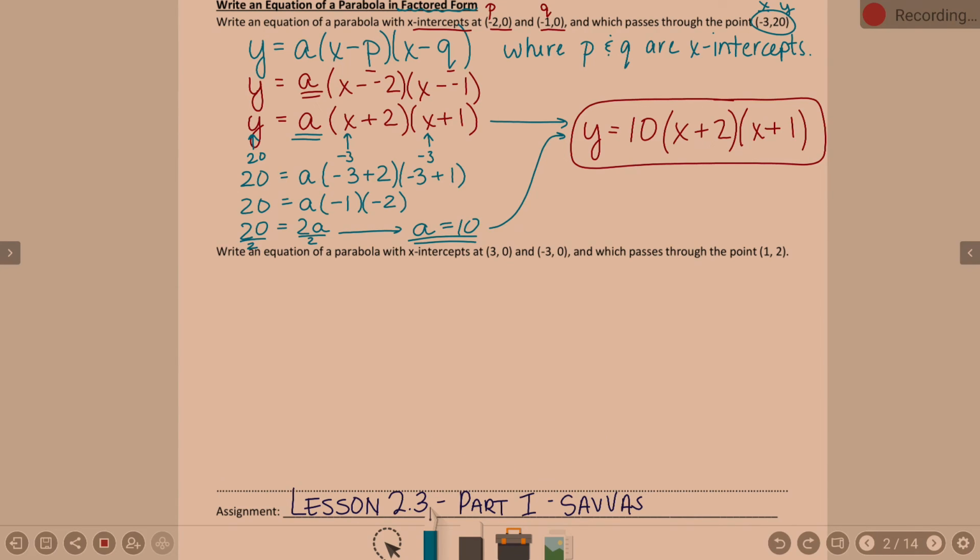Write an equation of a parabola with x-intercepts at 3, 0 and -3, 0, which passes through the point 1, 2. So again, using that original form, y equals A times x minus P times x minus Q. What do I know?